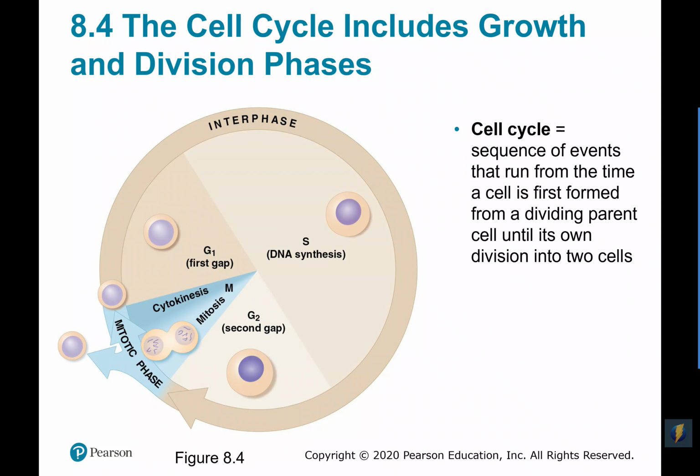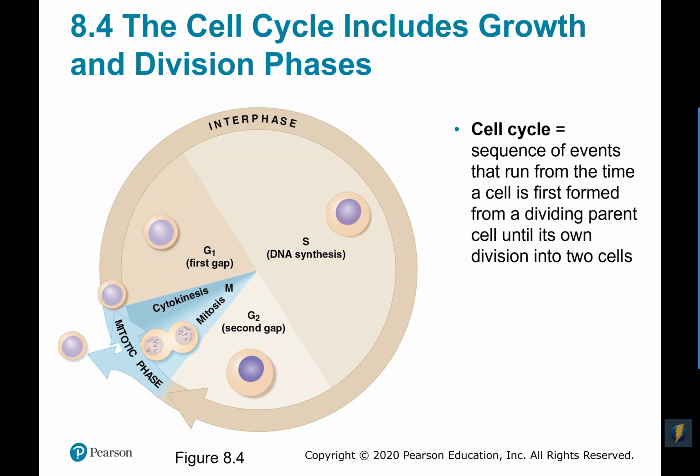But it also includes replicating the DNA in this phase. And then there's a second G2 phase, where the cell is getting ready to go into its mitotic phase, its division phase. So you can think of the G1 phase as childhood, the S phase as adulthood, and the G2 phase as old age for the cell.